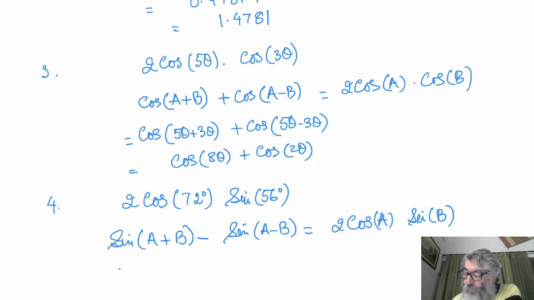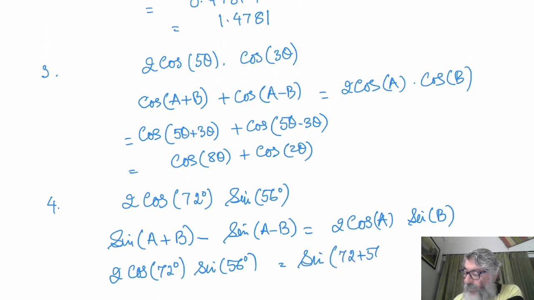So here it is 2 cos 72 degree sine 56 degree. So it will be equal to sine A plus B, sine 72 plus 56 degree, minus sine 72 minus 56 degree. So 72 plus 56 is 128, sine 128 degree minus sine 16 degree.